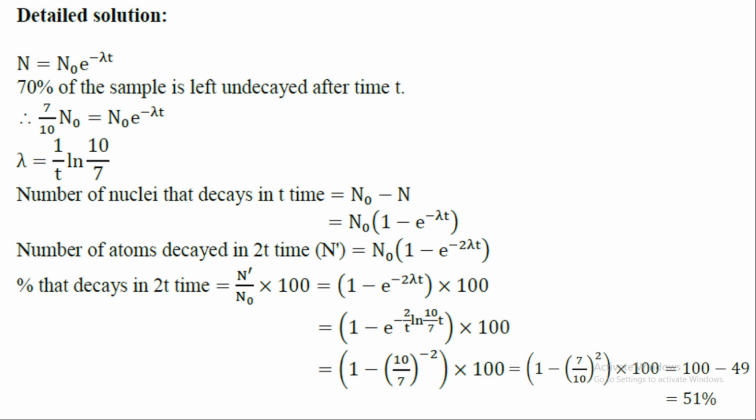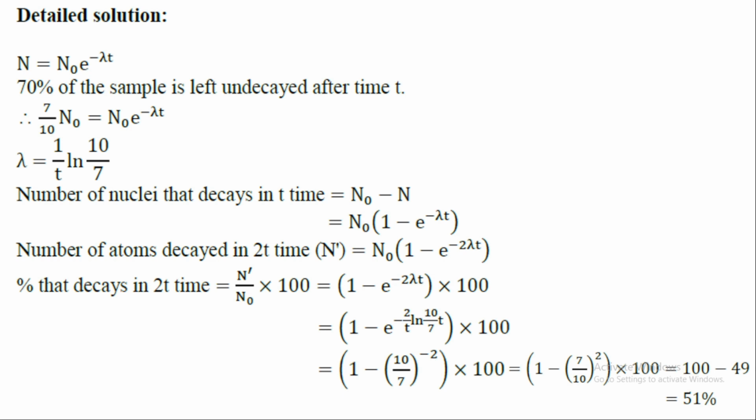So we'll just substitute the values. N0 will get cancelled out from the numerator and denominator, so 1 minus e raised to the power of minus 2 lambda t, multiplied by 100. Now we have the value of lambda, 1 by t natural log of 10 by 7, so we substitute it here: 2 by t ln 10 by 7 multiplied by t.